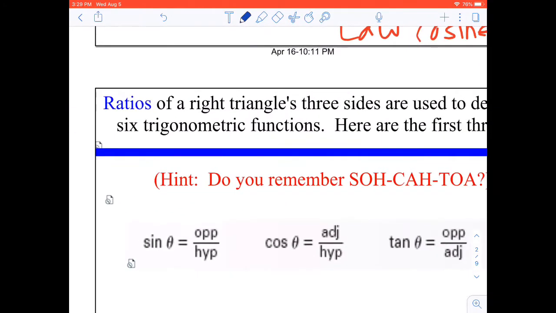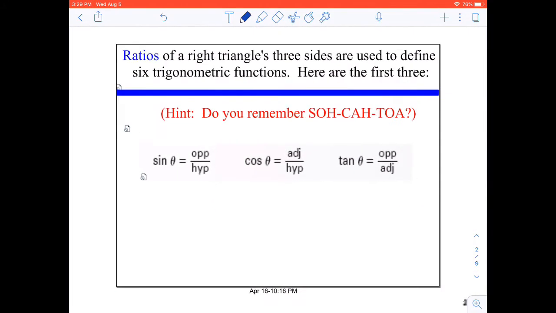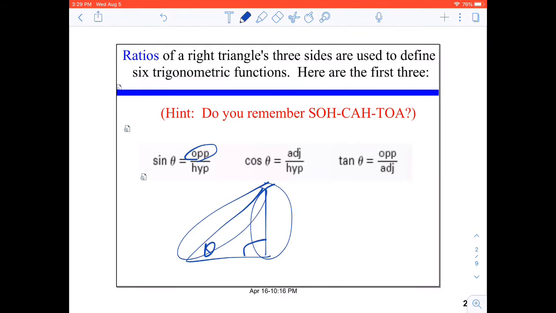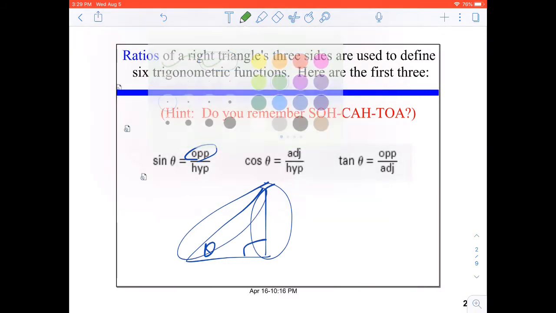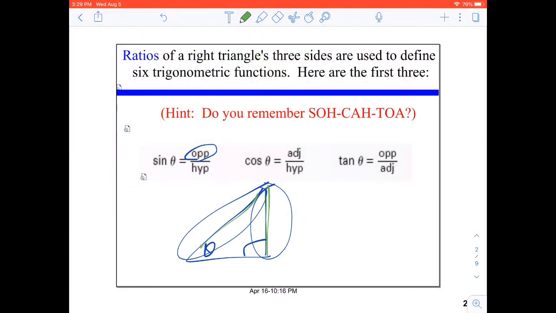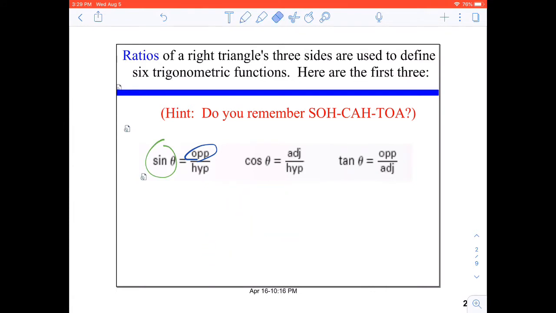So now we can compare these sides and create ratios. We have special names for these ratios. If I have my triangle and I want to compare the opposite side to the hypotenuse, we call this the sine ratio. If I want to compare the adjacent side to the hypotenuse, we call that the cosine ratio.